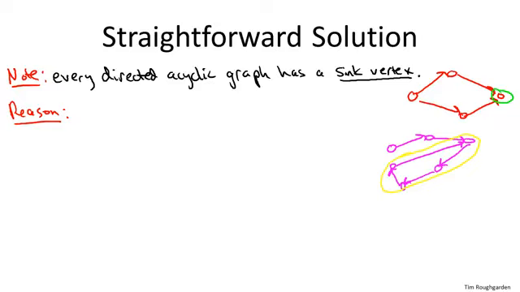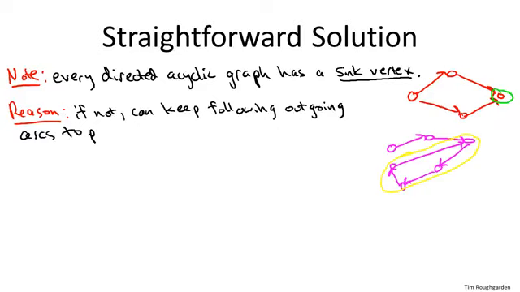So here's how we use this very simple observation to compute a topological ordering of a directed acyclic graph. Well, let's do a little thought experiment. Suppose, in fact, this graph did have a topological ordering. Let's think about the vertex which goes last in this topological ordering. Remember, any arc which goes backward in the ordering is a violation. So we have to avoid that. We have to make sure every arc goes forward in the ordering.